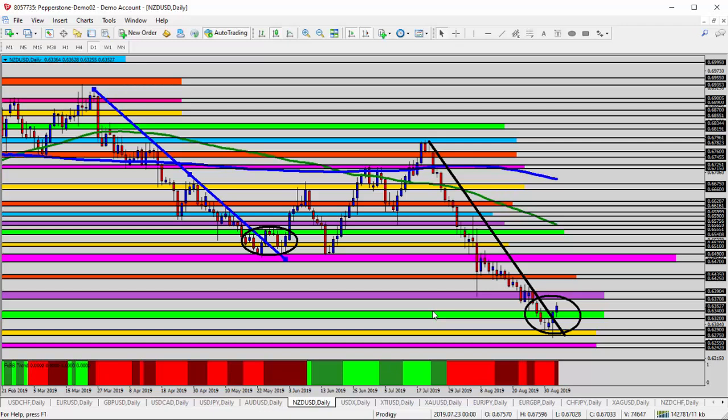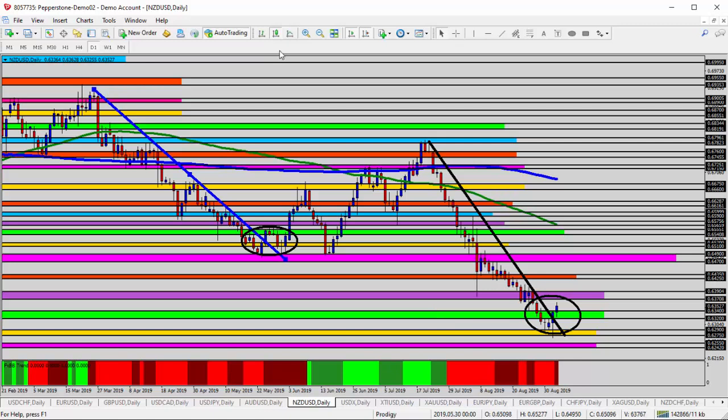We look at historical price action around those types of indicators, or even support, resistance, and trend lines, and say, hey, if that happens again in the future, let's look for a similar scenario. So we see the past, the blue trend line, black circle. We see the current market, black trend line, black circle. And we say, if this happens again, it may provide us an opportunity to get in at the very beginning stages of what could be a reversal.